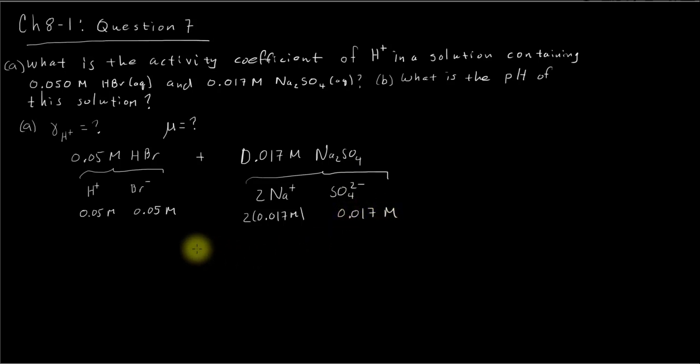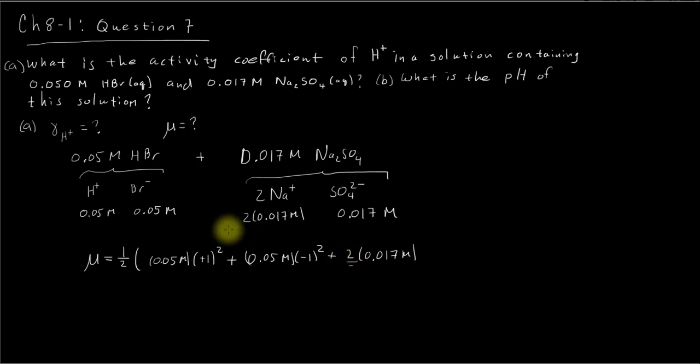All right, so now that we've got the molarities figured out, we can plug them into our equation for ionic strength. Ionic strength is 1/2 times the sum of the concentrations times the charge squared, all added up. Let's say our first ion is the H+, so we've got 0.05 molar times the charge, which is +1 squared, plus for the bromide, 0.05 molar times the charge, which is -1 squared, plus for the sodium cation, we've got our 2 for the molarity times 0.017 molar.